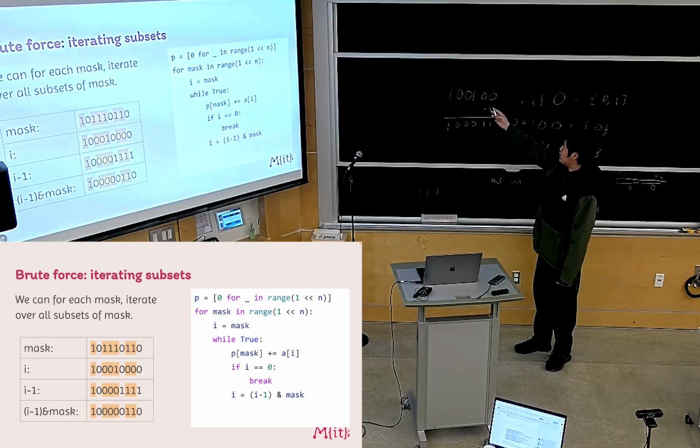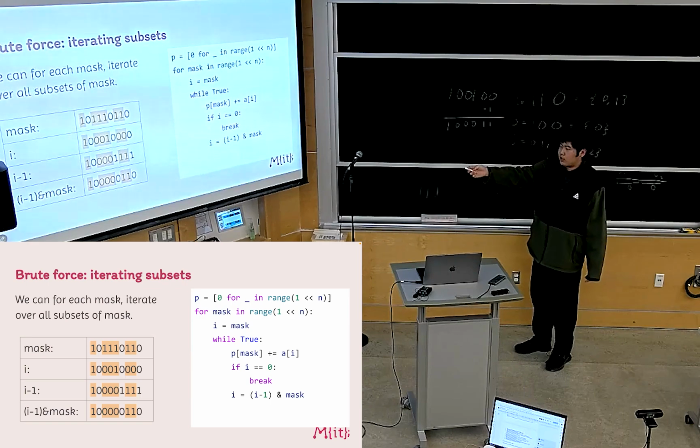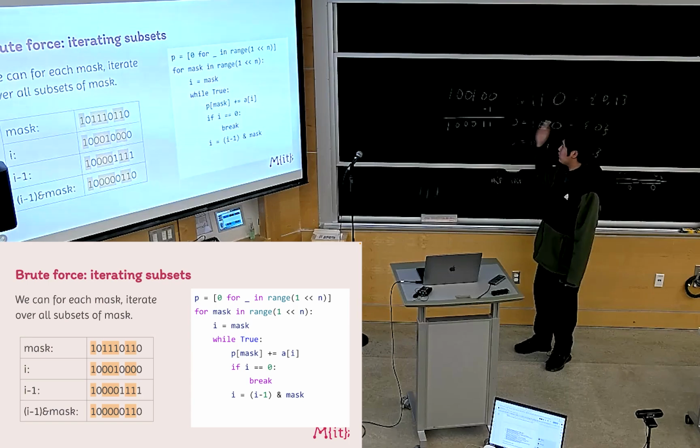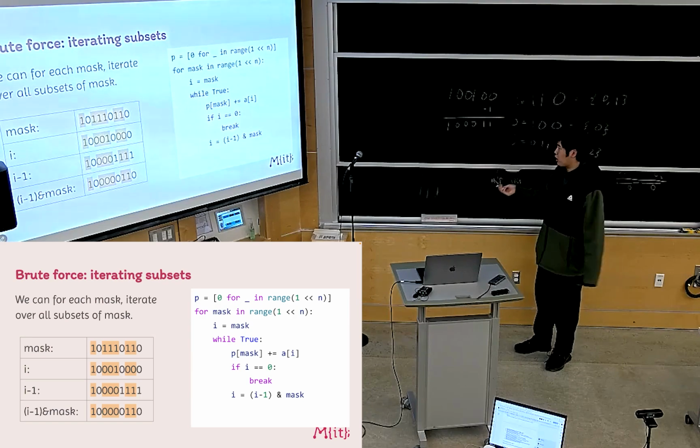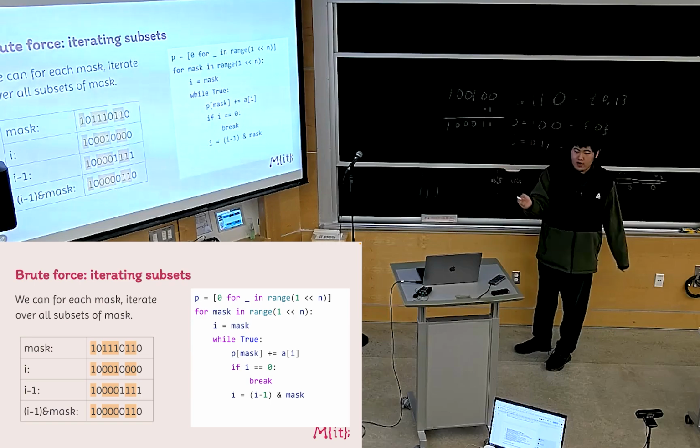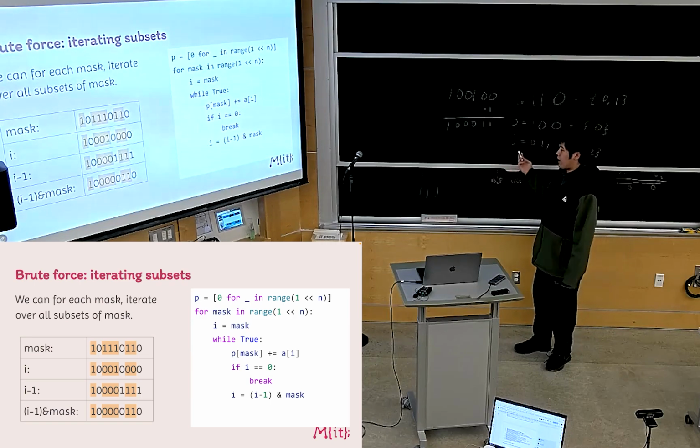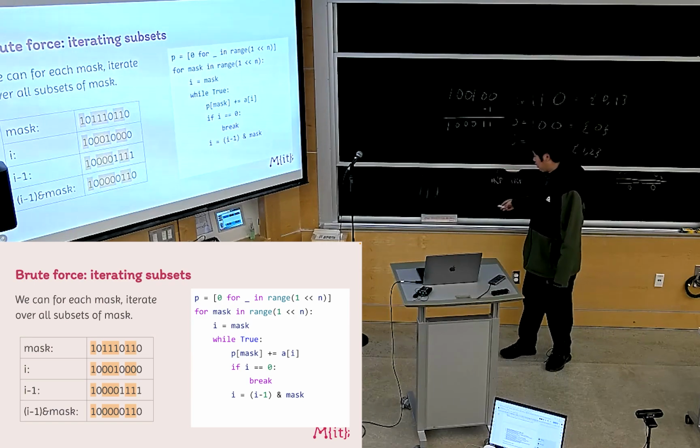The highlighted bits in I concatenated together would be this, and the highlighted bits in I minus 1 and mask concatenated would be this. And if we only consider these bits, we have successfully decreased the number by 1. If you were to repeat this process a couple more times, all the way until you get to 0, you'll see that this process does in fact iterate over all the submasks of mask.